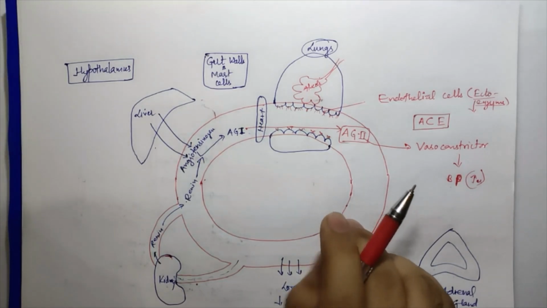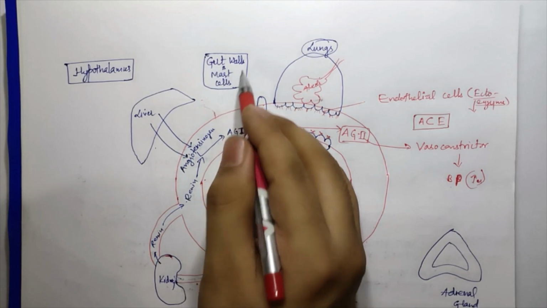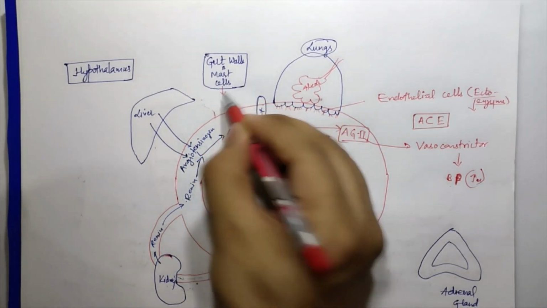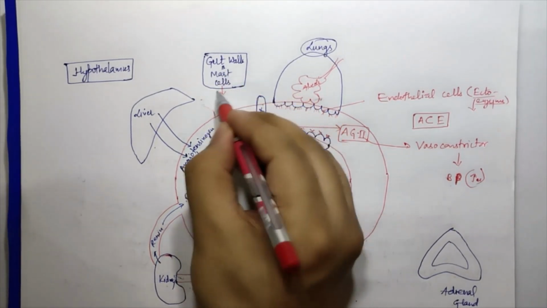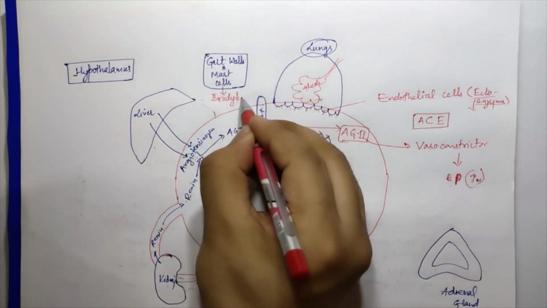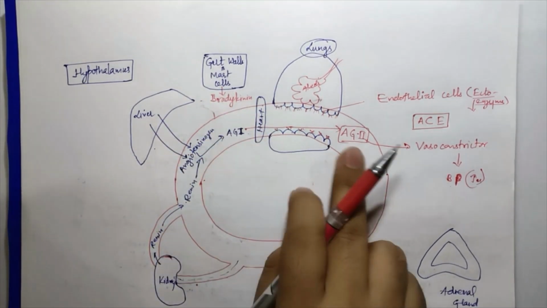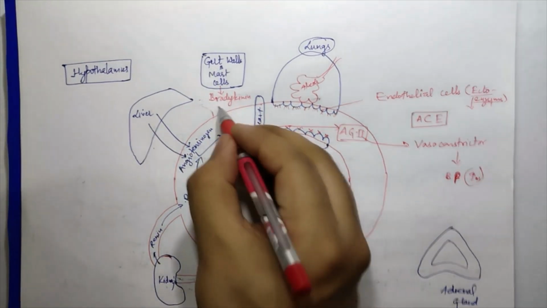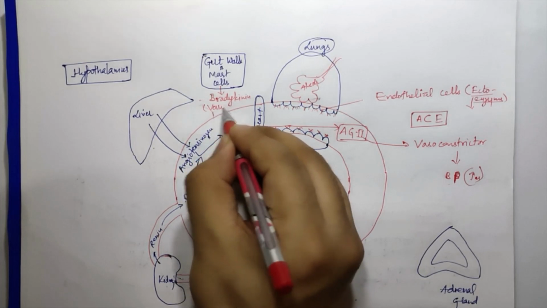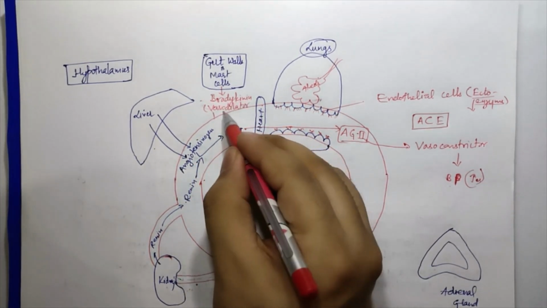But at the same time, the gut walls and the mast cells also secrete a hormone called bradykinin, and this has the reverse role to that of angiotensin 1, and it acts as a vasodilator, and it is also released into main circulation.